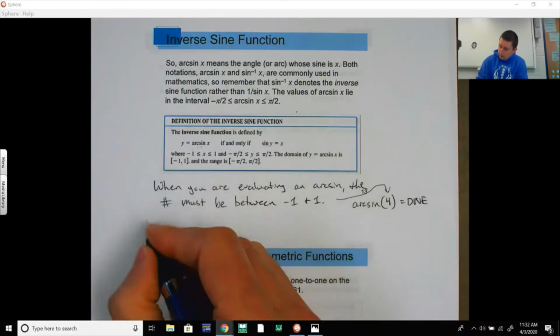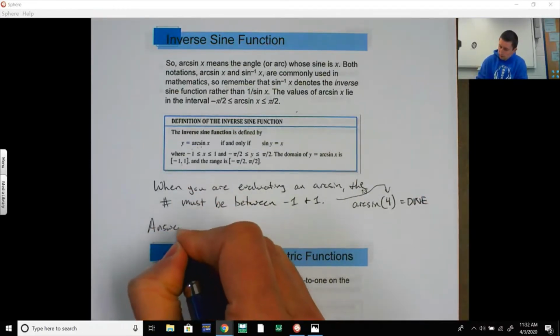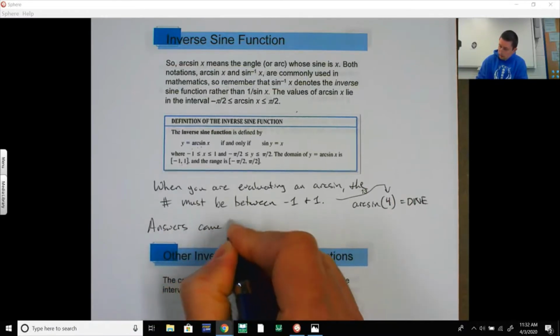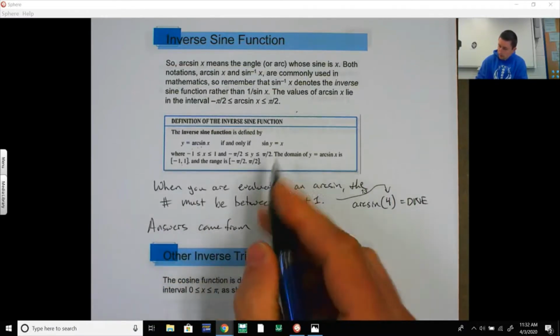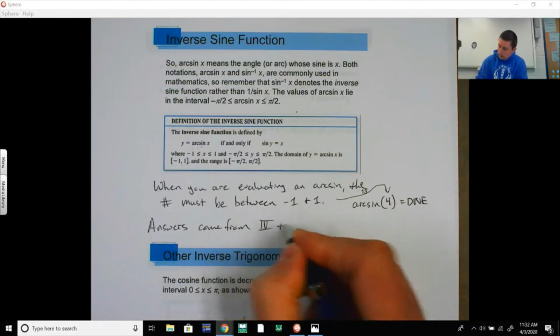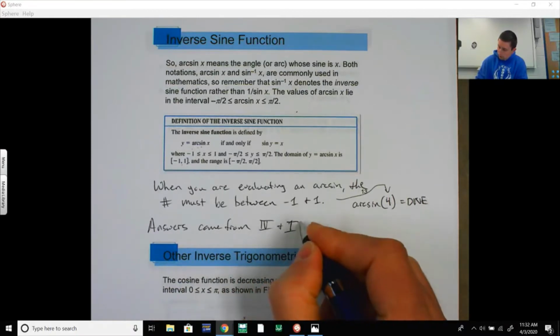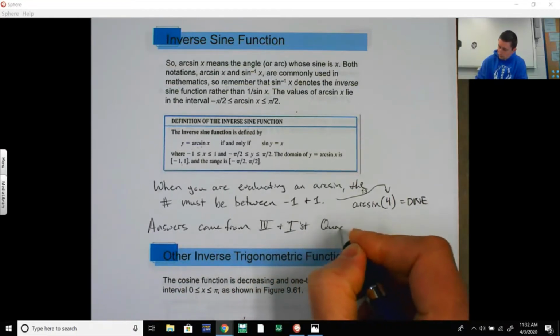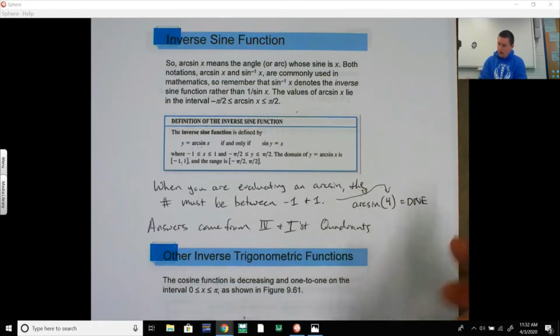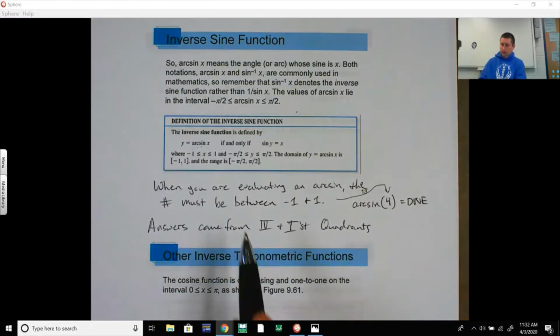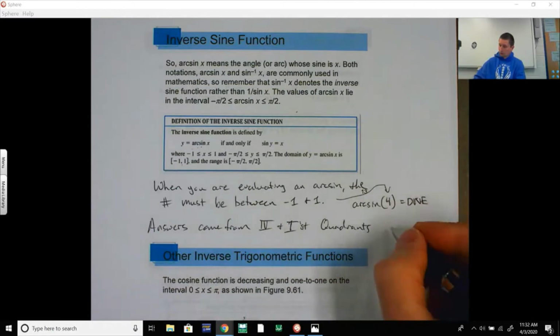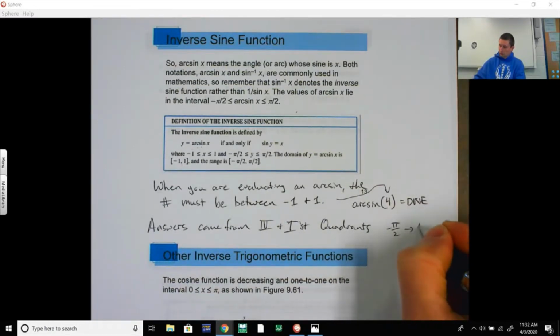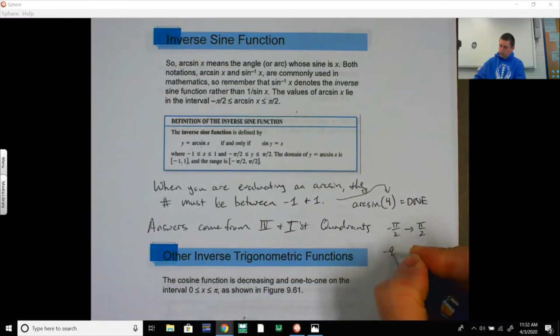Okay, your answers come from the 4th and 1st quadrants. So for every arc sine, your answer has to be from -pi over 2 to pi over 2, or from negative 90 degrees to 90 degrees.